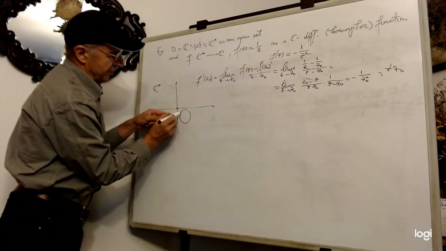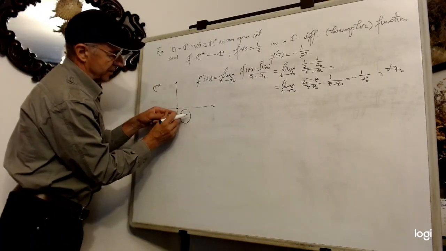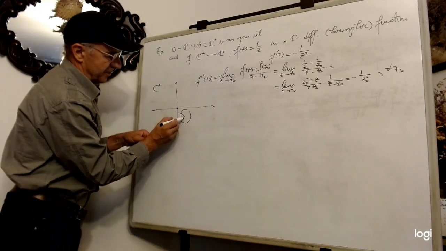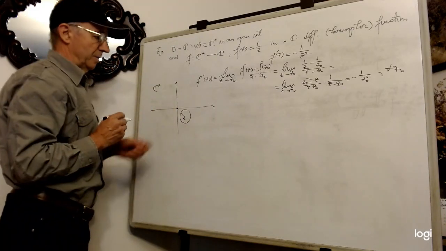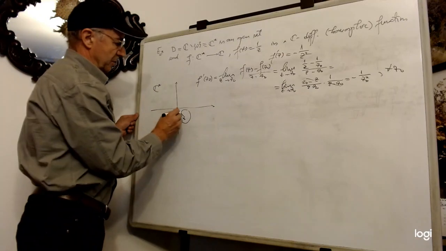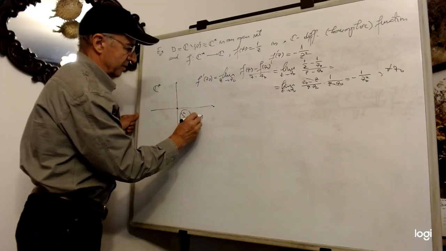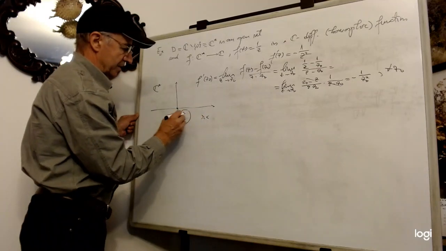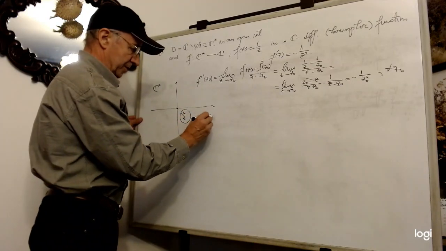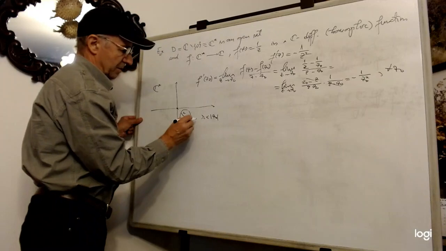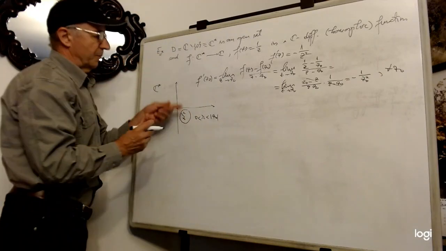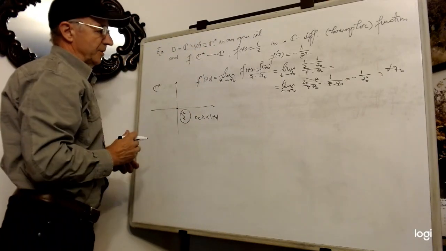It is sufficient to choose the radius r positive and less than the modulus of z0, the distance from z0 up to the origin. So it is an open set.